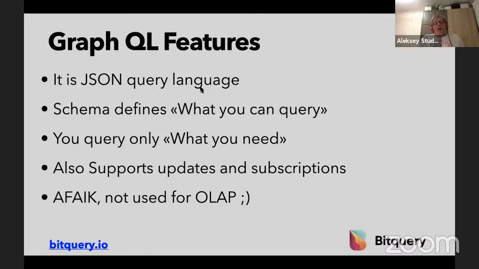So what is GraphQL? The name of GraphQL is very confusing. As I understand, it was invented by Facebook to query things like friends. If they show a page on Facebook, they want to query not just your name and picture, but also your friends, maybe some posts.